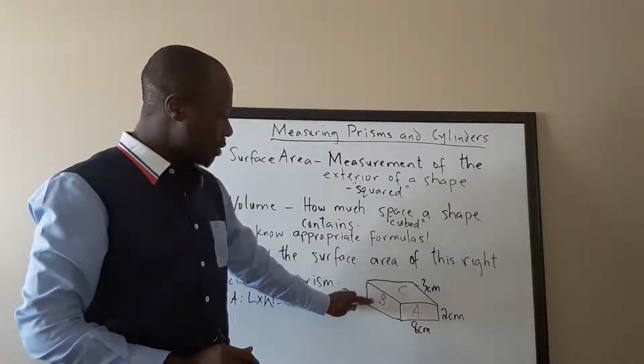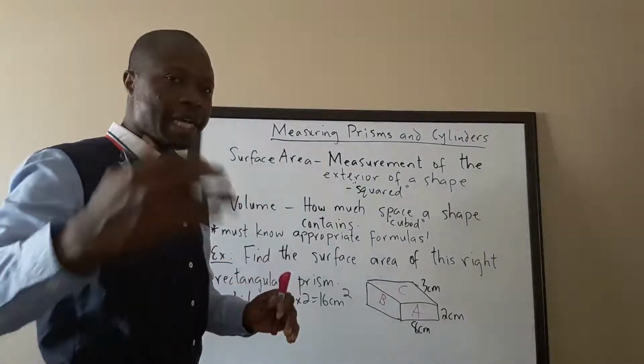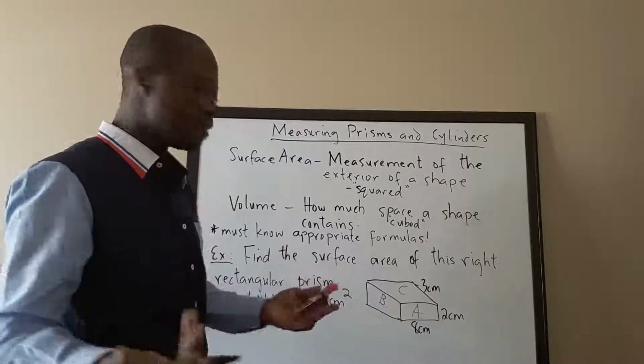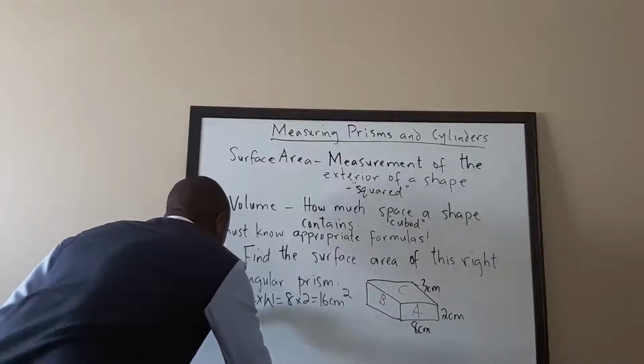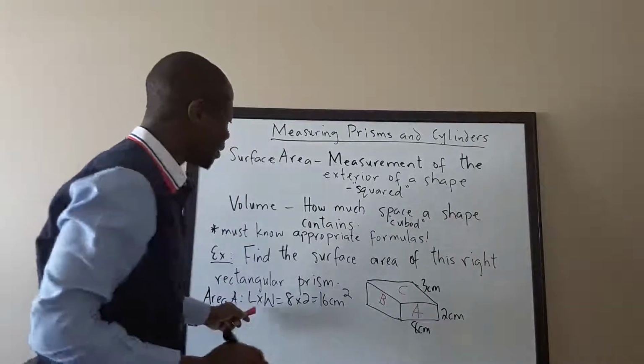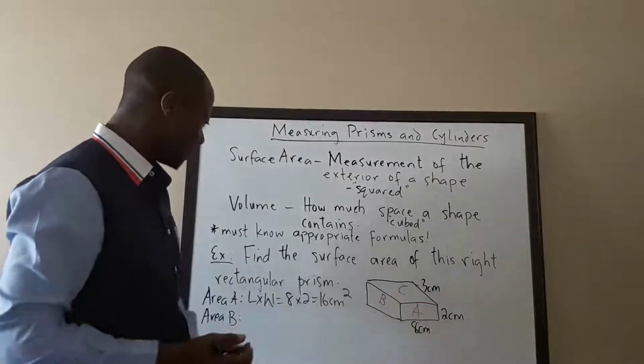Now let's move on to B. Remember, each face is duplicated. So you have 2 of each face. Area B. Again, all areas here are length times width, so I'm not going to repeat that.